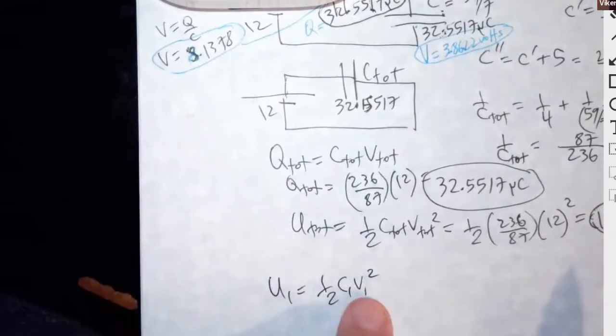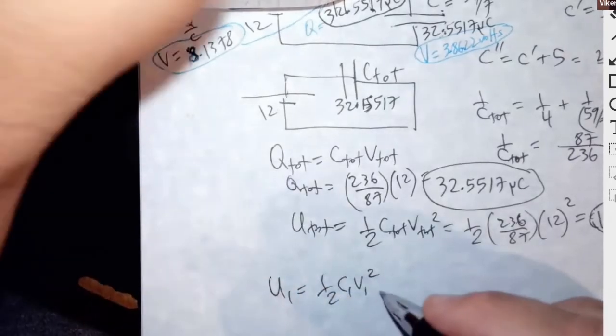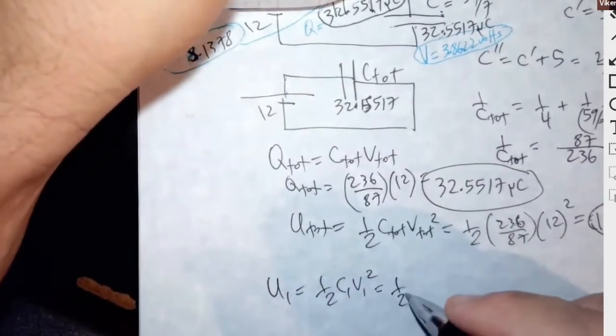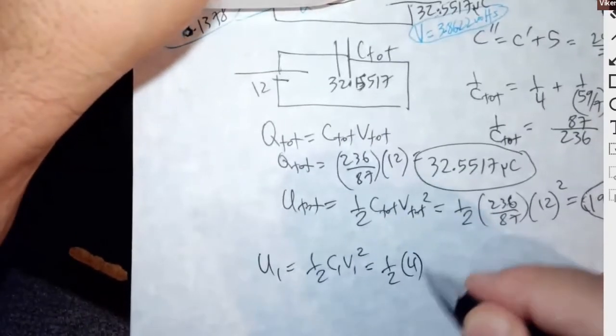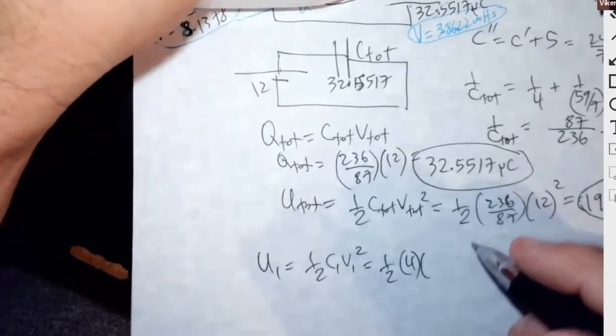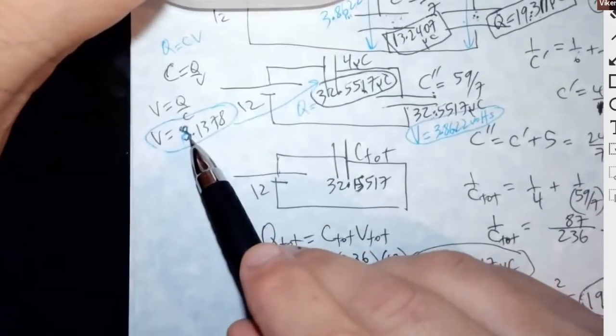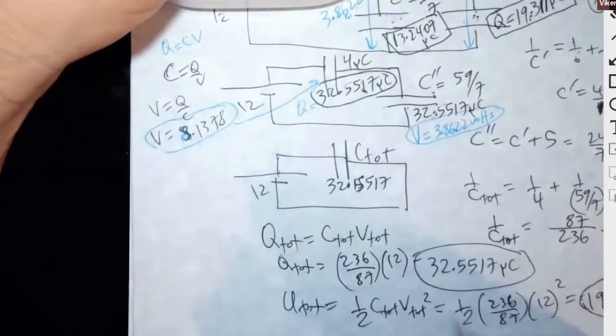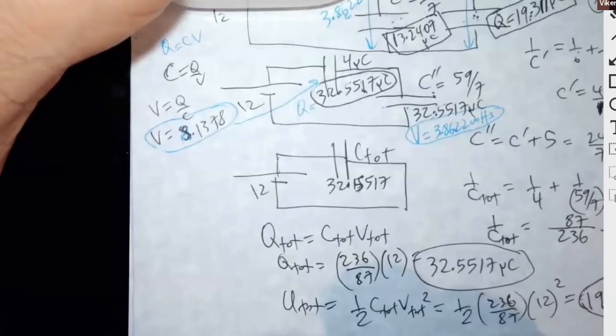I think this one is probably one of the easier ones because I already know its capacitance. So I can just say half. The C1 was 4 microfarads. V1 was, I wrote them here. Yeah, right here. 8.1378 squared.